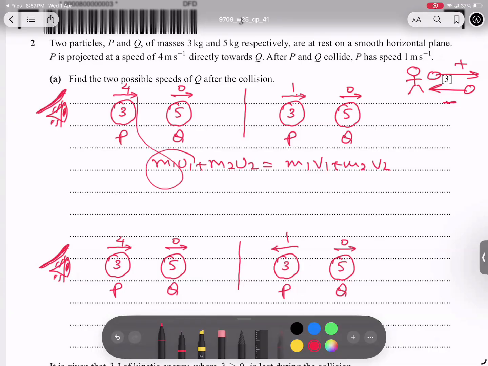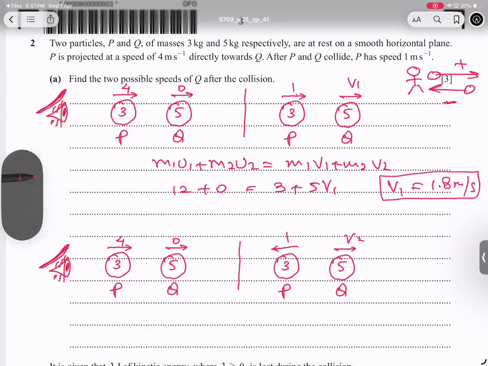So 3 times 4 is 12, and this is 0. And 3 times 1 is 3, and this speed I don't know, I call it V2. So 5 times V2 equals 12 minus 3, which is 9. So 9 over 5 is 1.8 meters per second. So one possibility is this.